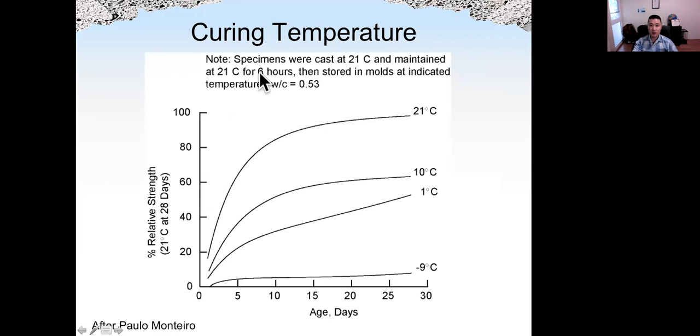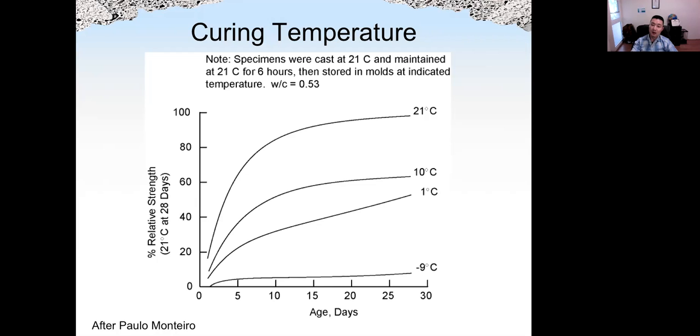And here shows a specimen cast at room temperature, then maintained for 6 more hours, and then stored in molds at the indicated temperature. After 6 hours at -9 degrees, because it's frozen, there is no liquid water, hydration will stop, so strength will not go up after 6 hours.